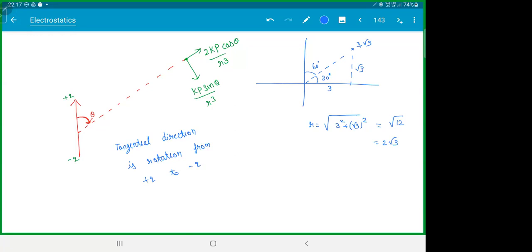Yeah, always. By convention, plus q to minus q. All got this? Question was easy, but it was just the convention that is more important than this. Clear? Any doubts on this? Anyone didn't get this? Please ask me how I got the angles, distance.